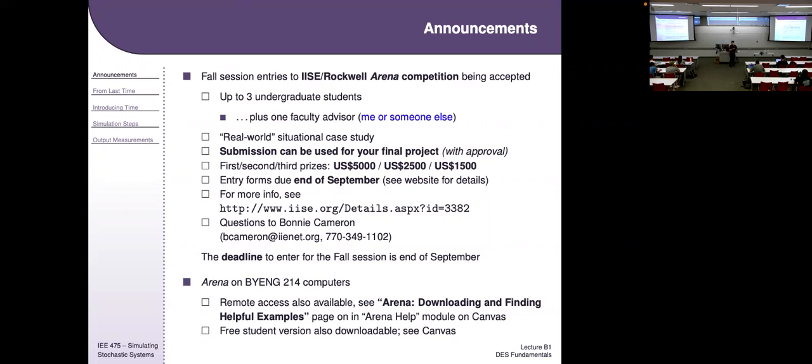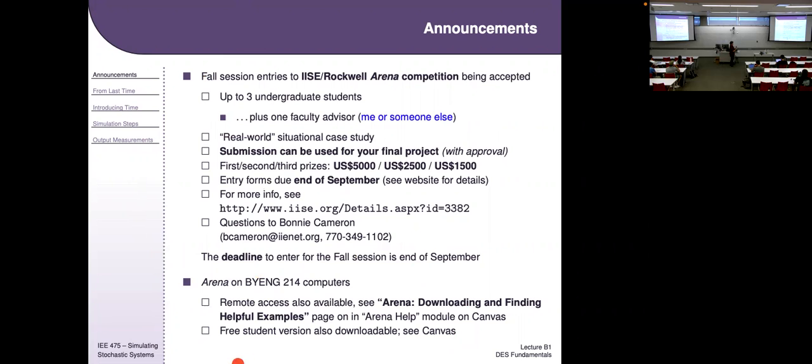A majority of people do their own final project and don't worry about this, but if you're looking for something more challenging, where you might be provided a complex data set, this is a good one to look into. The deadline to enter is around the end of September, so September 30th or so. If you're interested, you should consider registering before then.